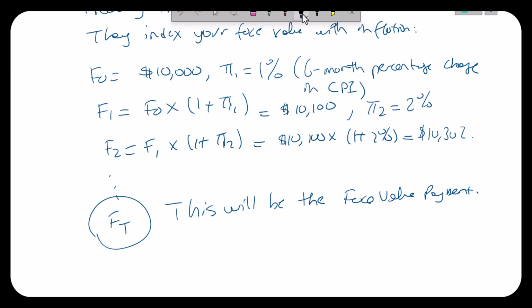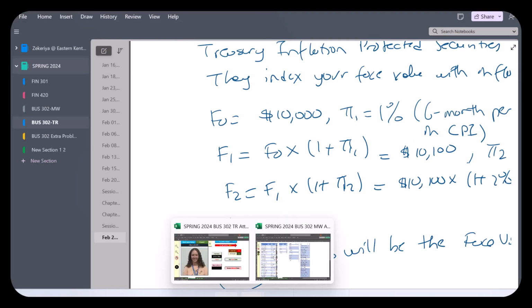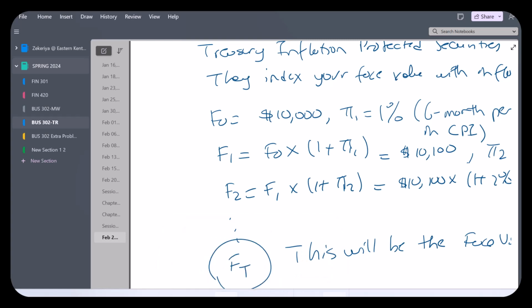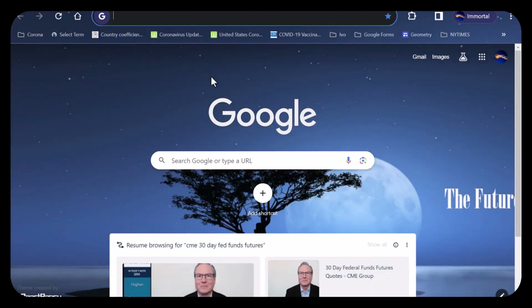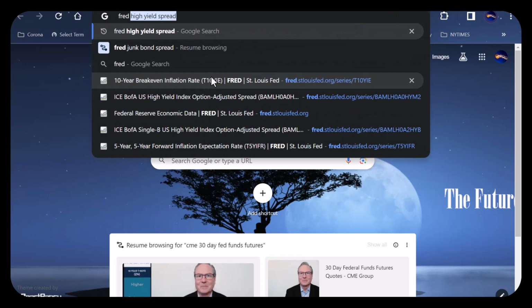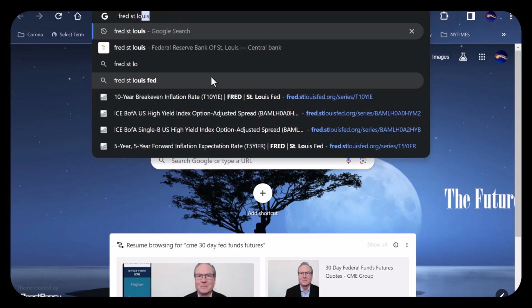For example, you bought a 30-year TIPS bond, okay? And during those 30 years, cumulative inflation... actually, let's do an exercise. There's a database maintained by the Federal Reserve, St. Louis, FRED's St. Louis CPI.